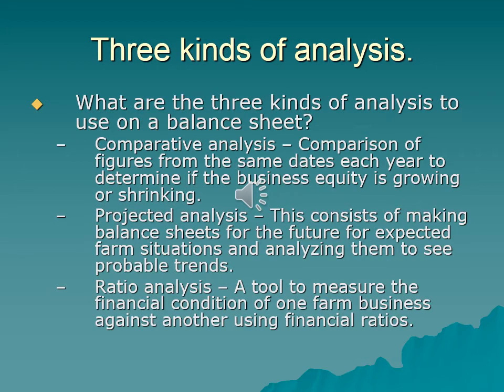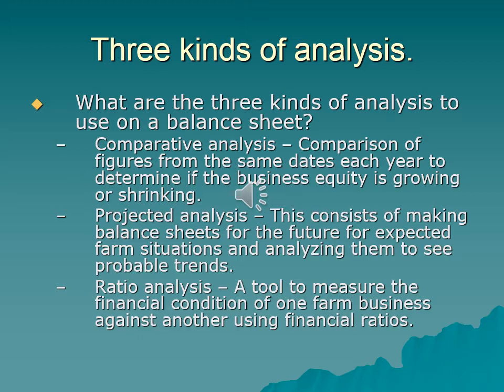There are 3 kinds of analysis. So what are the 3 kinds of analysis to use on a balance sheet? Comparative analysis, which means comparison of figures from the same dates each year to determine if the business equity is growing or shrinking.